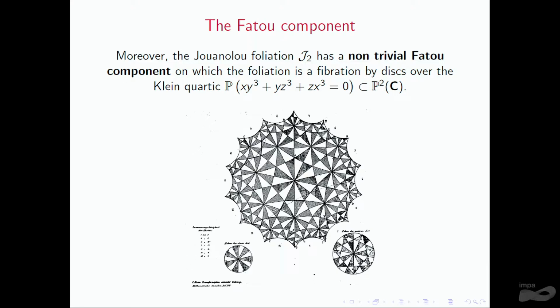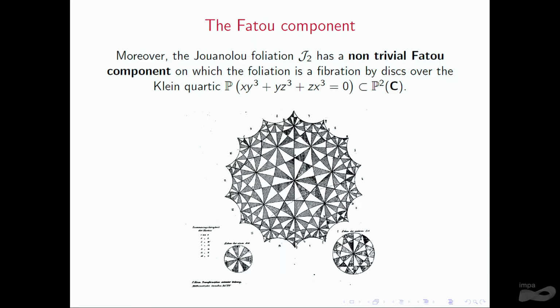And in fact, this is an extremely nice algebraic curve of genus 3. It can be characterized by the fact that it has the largest automorphism group among the Riemann surfaces of genus 3. And I drew here the tessellation of the quotient of that curve by its automorphism group.